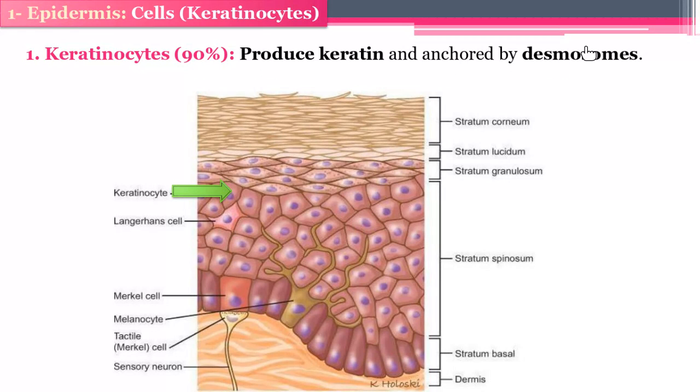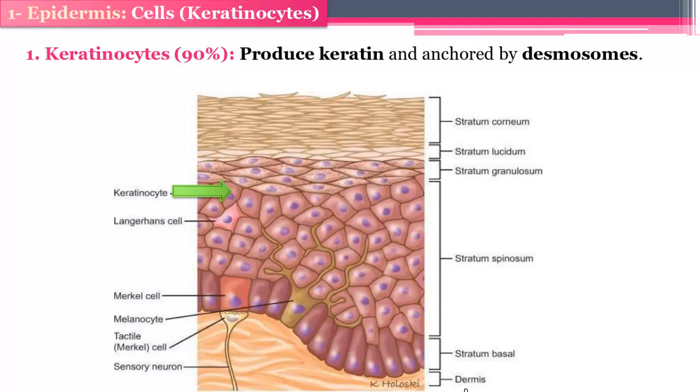We have seen in the previous slides that individual cells are attached to one another by desmosomes. That means the keratinocytes form 90% of the cell population in the epidermis, and they produce keratin, and they are attached to one another by desmosomes. Is it clear?